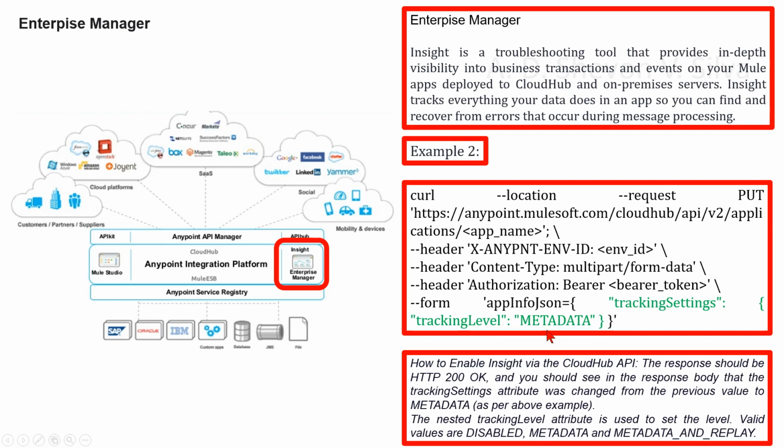The nested tracking level attribute is used to set the level. Valid values are disabled, metadata, and metadata_and_replay.